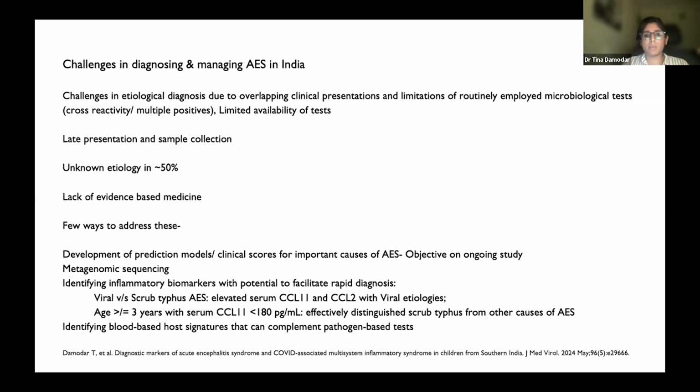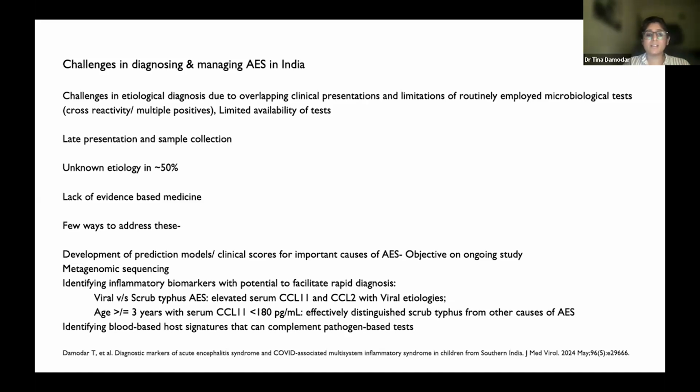Again, there is limited availability of tests, only possible in tertiary care centers, not available in secondary care centers, where patients land first. In tertiary care centers, there is late presentation to the hospital, in our experience more than a week, and the sample collection is even later.